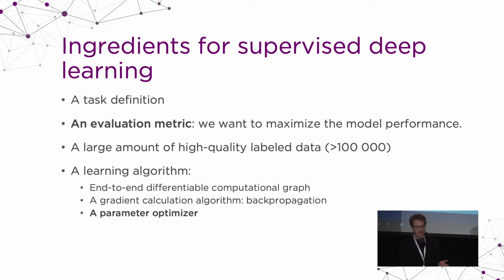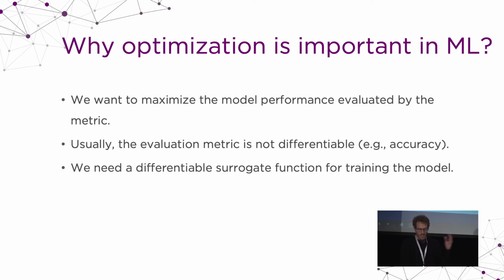So when we say minimize, maximize, there's an underlying optimization problem. And there's a lot of literature on optimization. It's a whole field of applied mathematics. And we will see which concepts we can take from this literature to build an optimizer for deep learning networks.